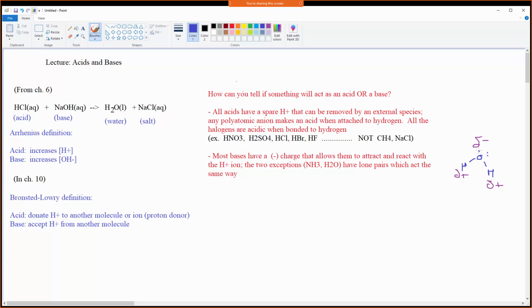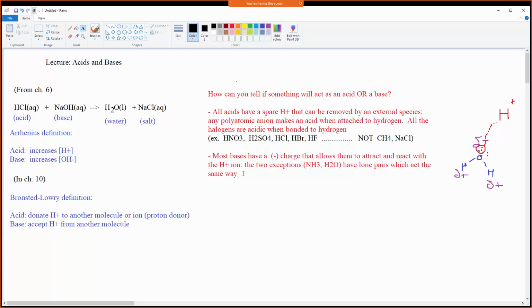So this partial negative charge on this side of the molecule can attract an incoming hydrogen ion, where it can make a new bond using this lone pair of electrons right here. Okay, but these are the only two exceptions to the fact that we expect them to be negatively charged, right?